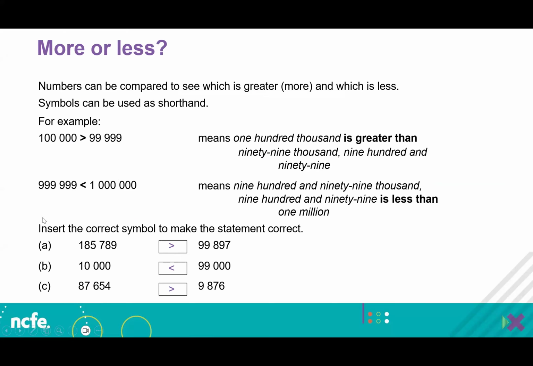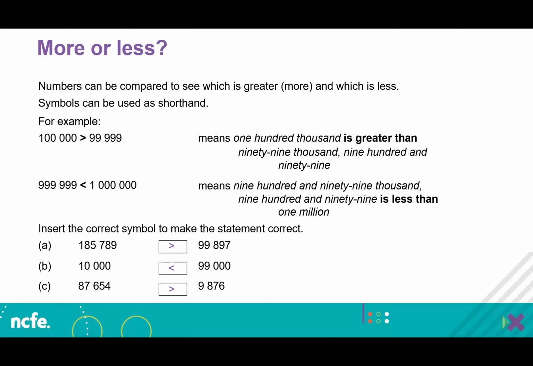So numbers can be compared to see which is greater, more, and which is less. Symbols can be used as shorthand. For example, 1,000,000 is greater than 999,999, and 999,999 is less than 1 million.